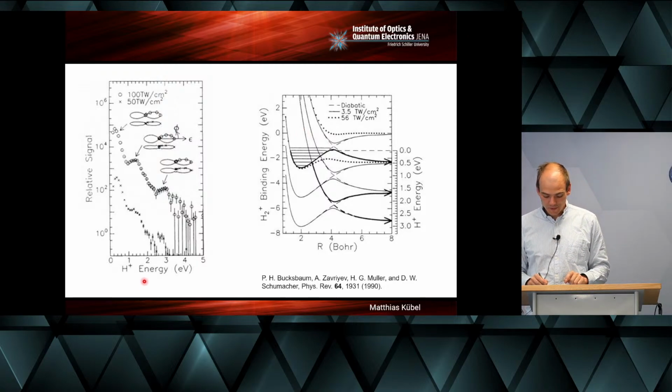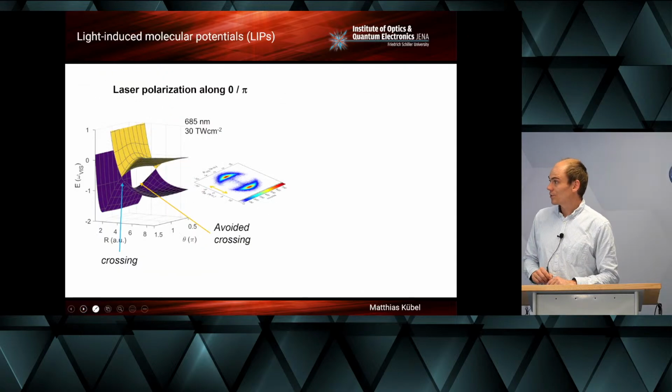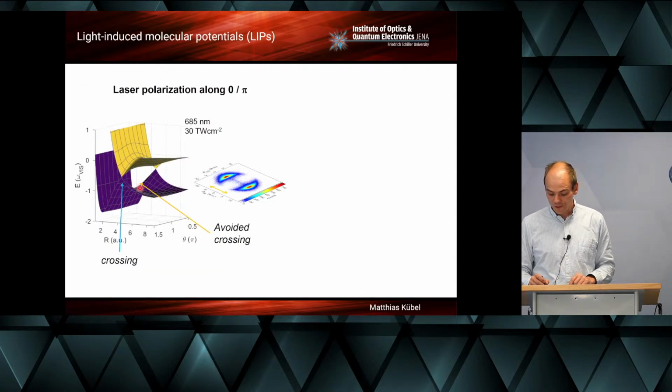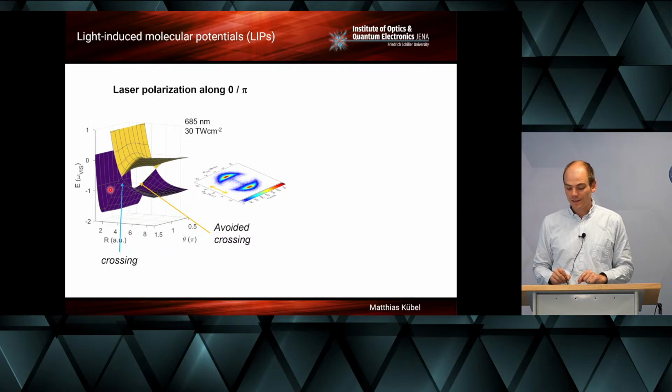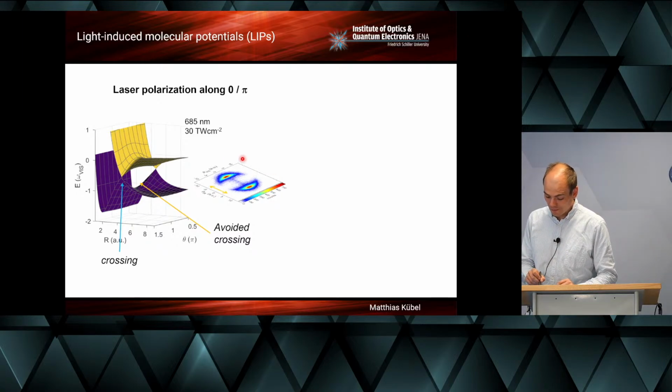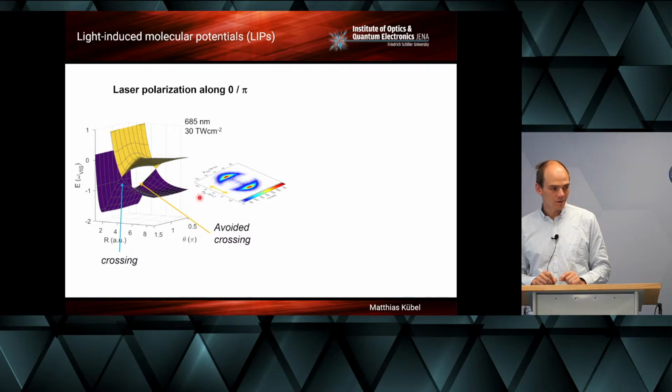When you plot this as a function of angle, you get what is shown here: wide open along the laser field polarization, and perpendicular to it, it's the original value. The proton momentum distribution that is measured in such a case resembles this shape: the largest amount of protons along this axis and no protons perpendicular to it.